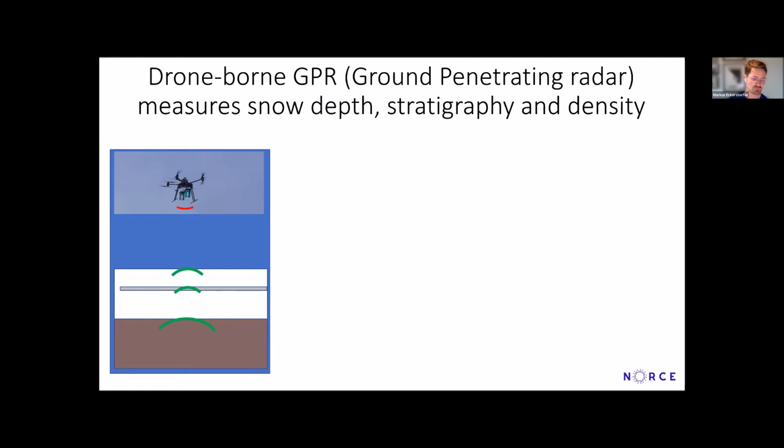Just quickly, in terms of how the measurements work: the radar sends out radar signals, and then you have different reflectors, typically from the snow surface, the snow-air surface, but then also from more prominent layers in the snowpack, and then from the snow and ground interface.